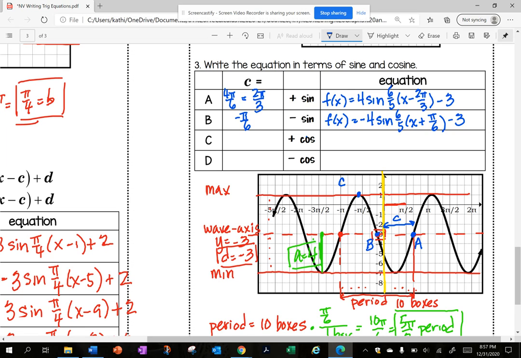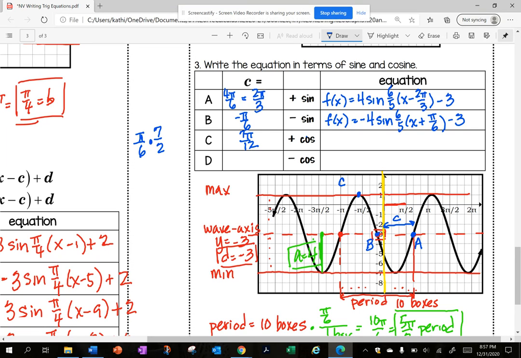So a whole box is pi over 6 times 3 halves, which is 7 halves, is going to be 7 pi over 12.